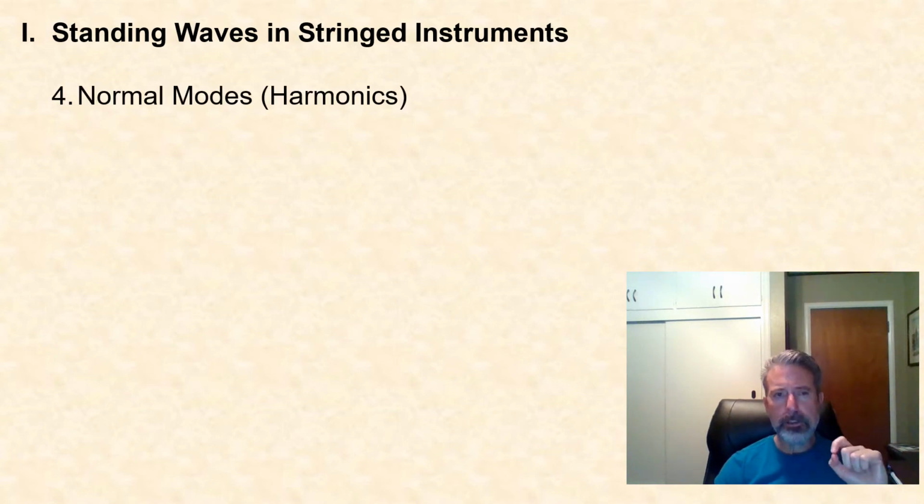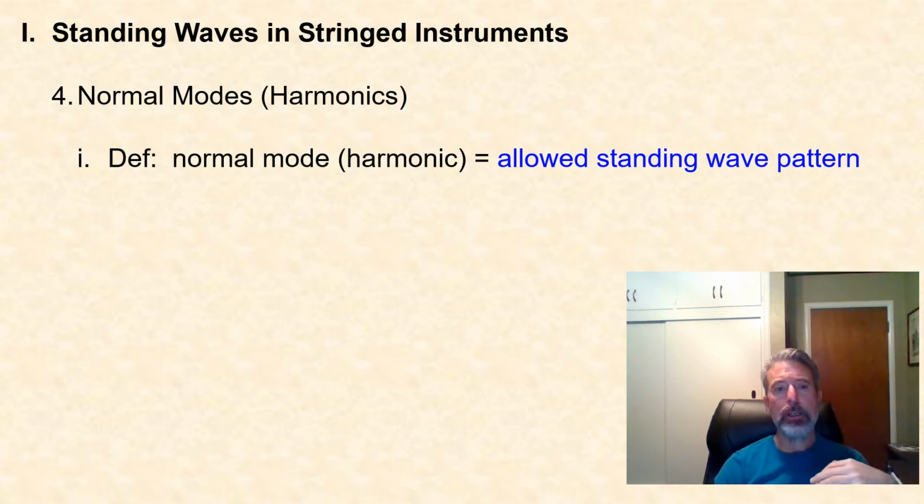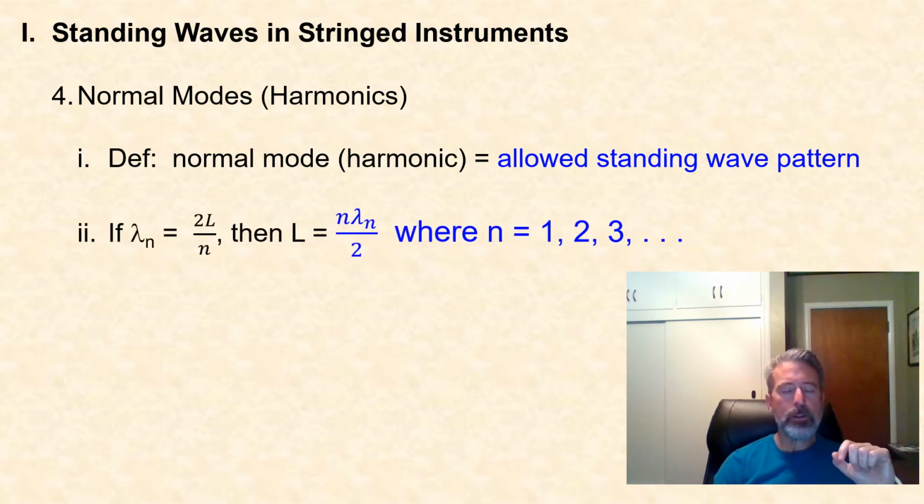So when we talk about the normal modes, or sometimes called the harmonics, what we're talking about is an allowed standing wave pattern. So from our previous slide, we said that the resonant wavelengths, the allowed wavelengths for a string that is held fixed at both ends, must be equal to twice the string length divided by n, where n takes on these natural number values of 1, 2, and 3, and so forth.